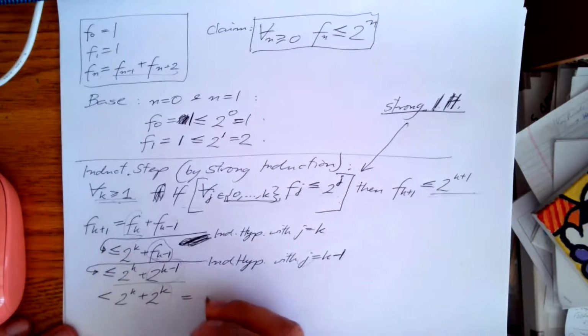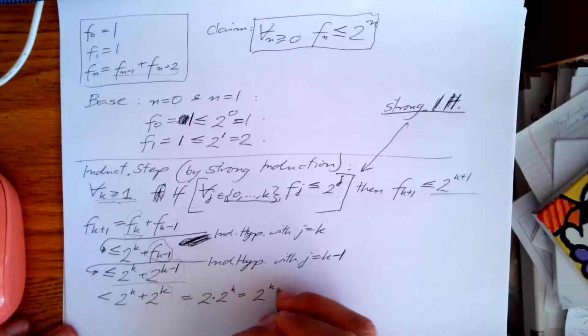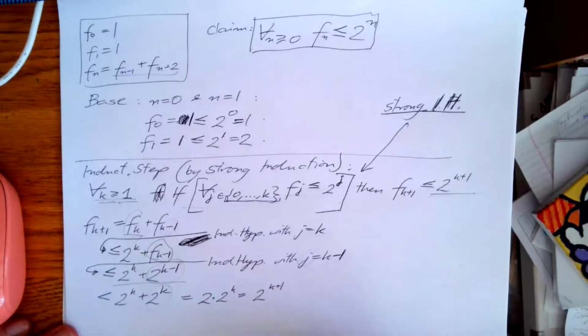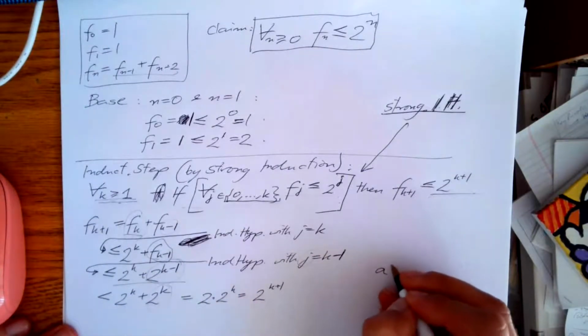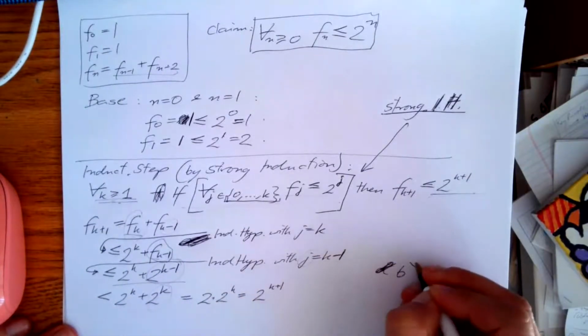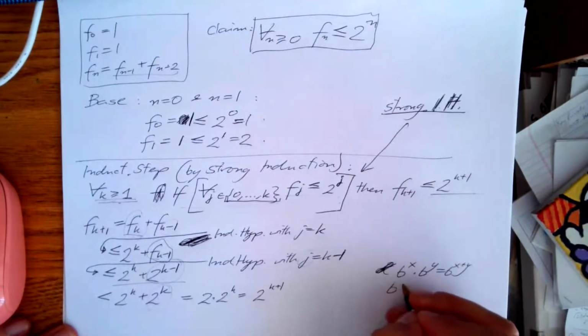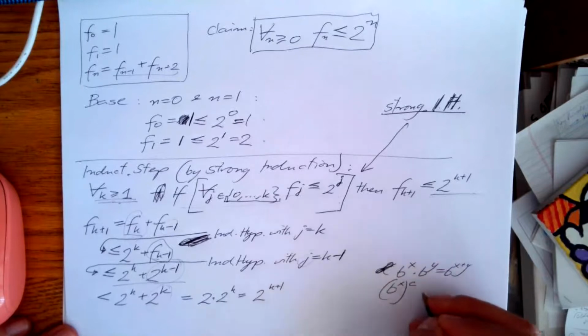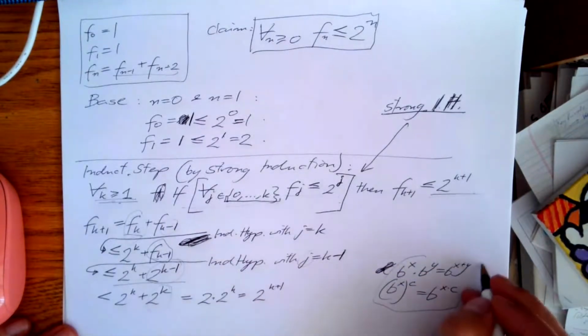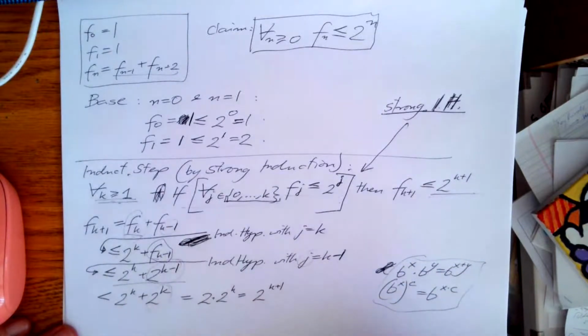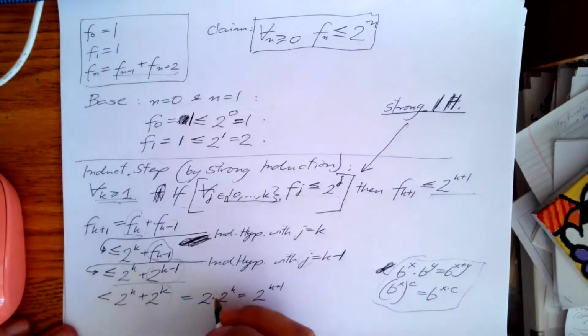And this is equal to 2 times 2 to the k, which is 2 to the k plus 1. And if you're still rusty about exponentiation, the fact that b to the x times b to the y is b to the x plus y, or the fact that b to the x times c is the same as b times x times c, etc., then it's high time to do exercises from this chapter in the textbook.